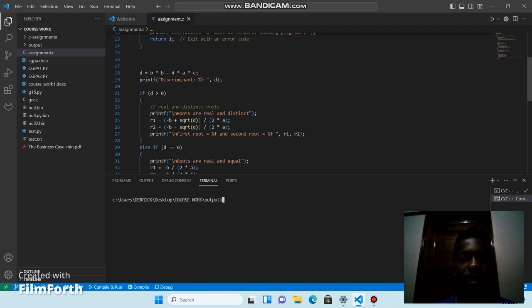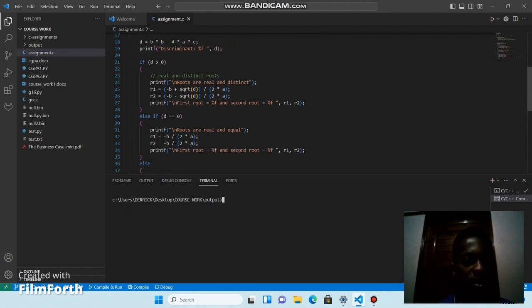If we remember the quadratic formula, which is negative b plus or minus the square root of b squared minus 4ac, divided by 2a, that is basically what we're doing here. The first root will use the positive sign, the second root the negative. And after that it will print the first root and also the second root.